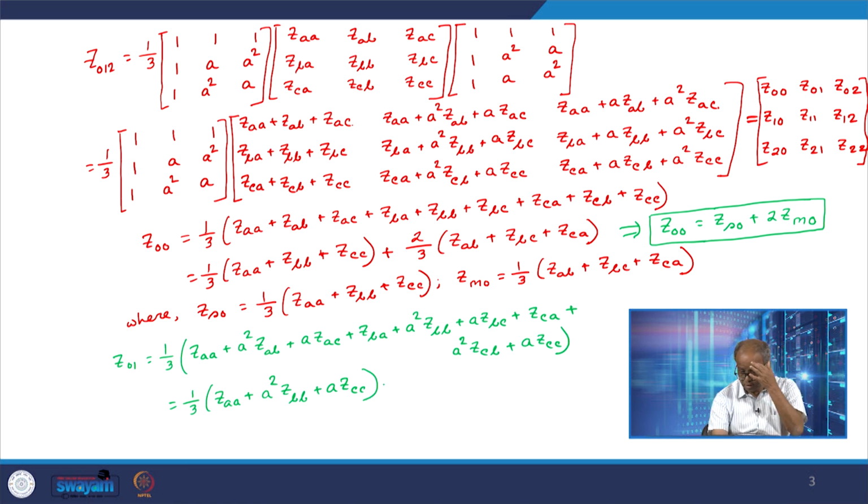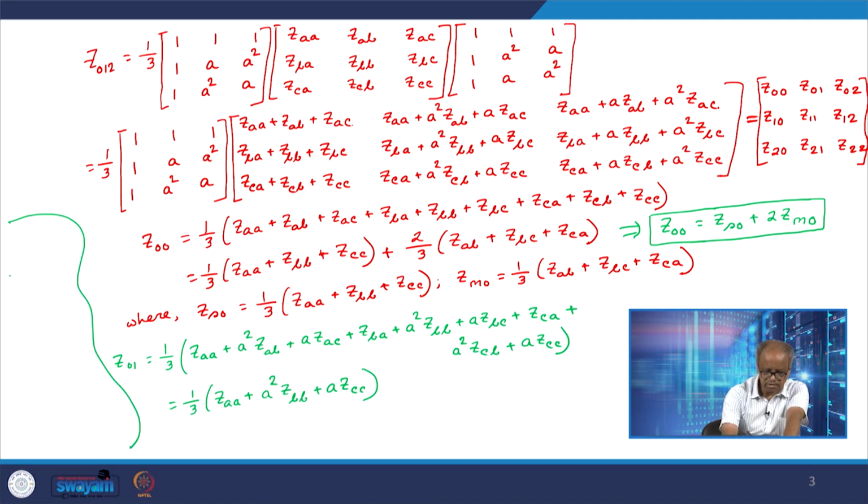Now let us look at ZAB equal to ZBA. These two combined give 1 plus A square into ZAB. Let us do one rough calculation.